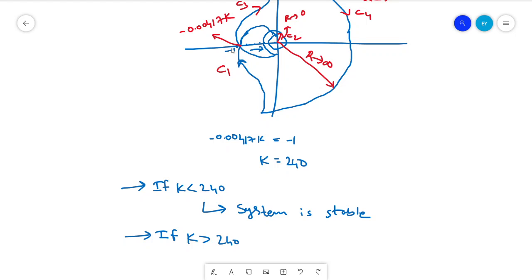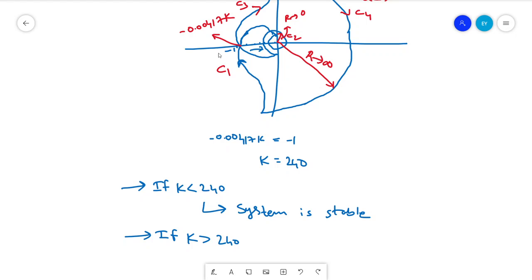If your plot is going this way and -1 is on your right side, then the system is unstable. For any value of K greater than 240, say 400, if you substitute 400, you may get around 1.5 or some value in between 1 and 2.